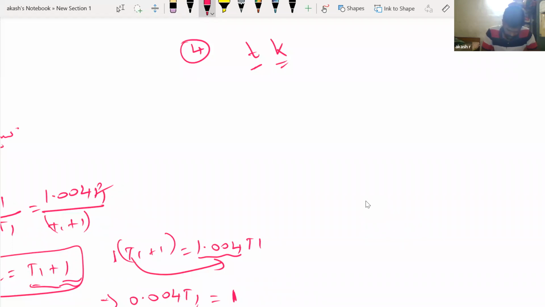Now they're asking: calculate the temperature at which both the pressure and the volume are halved. Calculate the temperature at which both the pressure and the volumes are halved from the initial value, obviously.